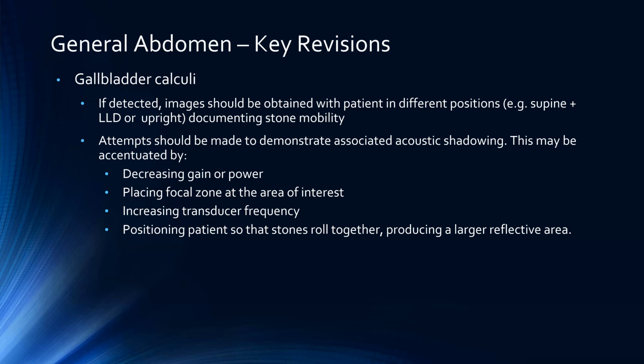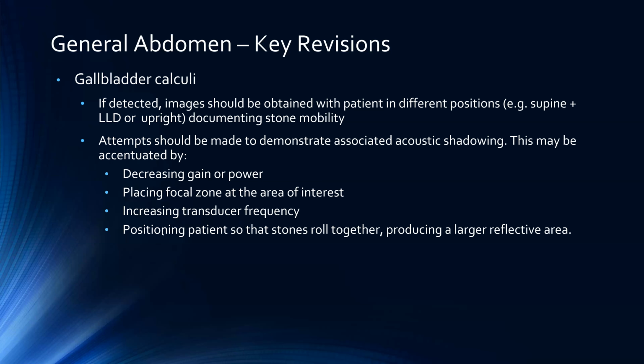then that's quite useful. In terms of trying to accentuate acoustic shadowing, a couple of different things can be done to accentuate that finding and indeed show that these are stones and not either sludge balls or polyps.